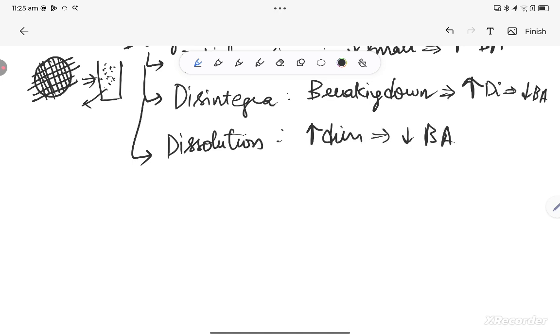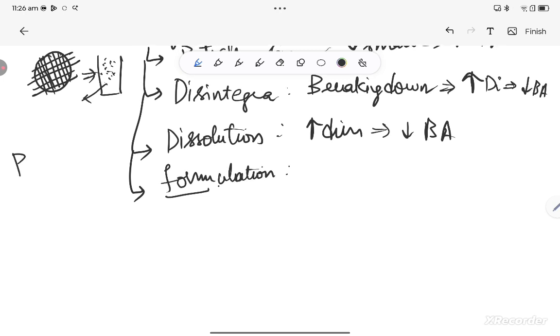Now we will talk about formulations. There is not much more to add, but there is something very important concept here. See, usually let us take example of paracetamol. In a tablet of paracetamol is only 500 milligrams, but this paracetamol tablet will be much more high weight. Why? Because we add excipients.